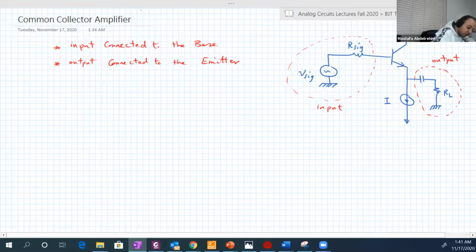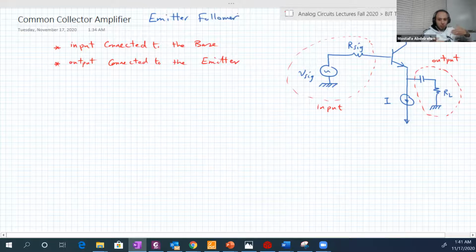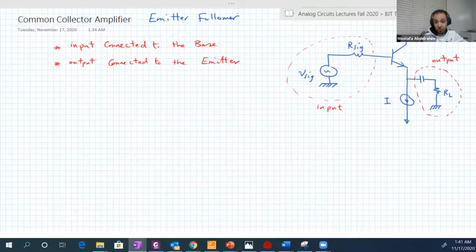It's called also emitter follower. We're gonna know the reason behind this naming after we make our analysis and find out the voltage gain of this new circuit.